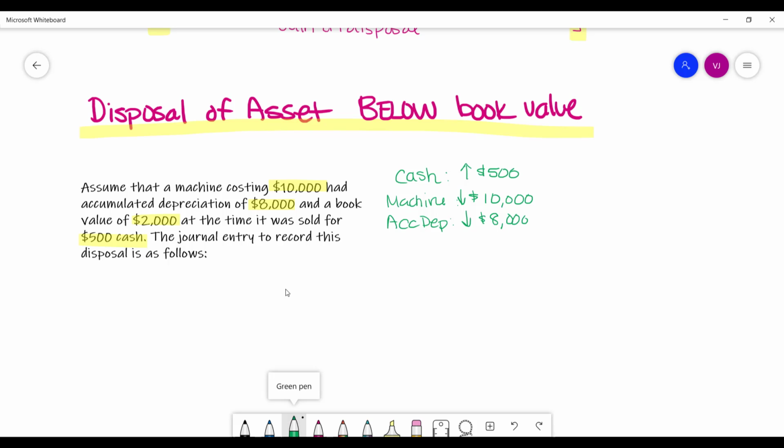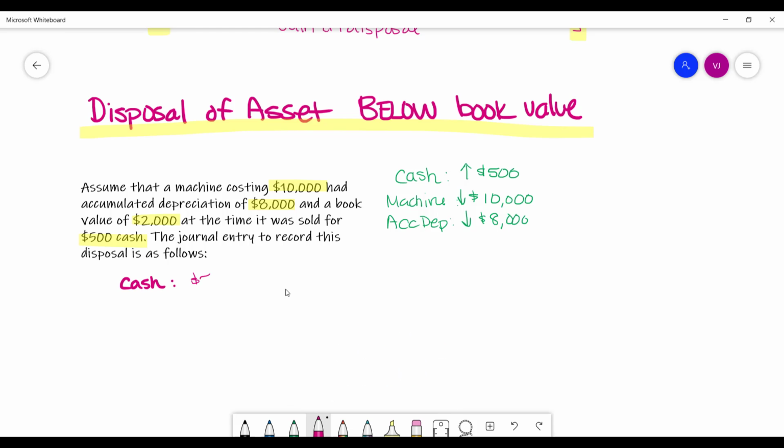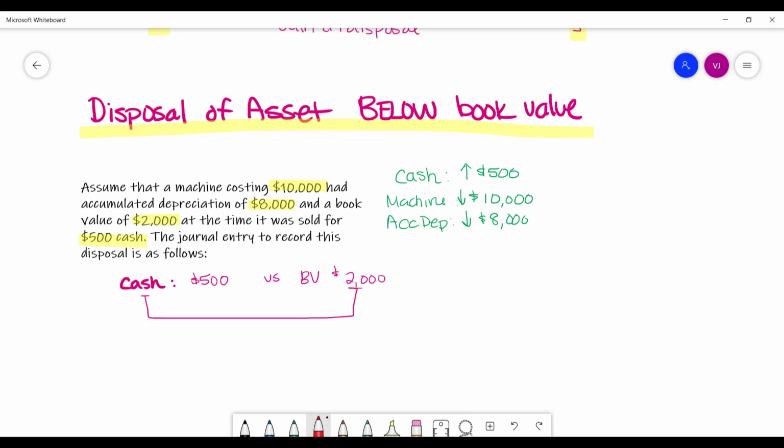But here, we need to determine gain or loss. Remember, the cash received here is $500 versus the remaining book value of $2,000. So when we compare the cash to the remaining book value, the remaining book value is $2,000, but the cash received is $500.